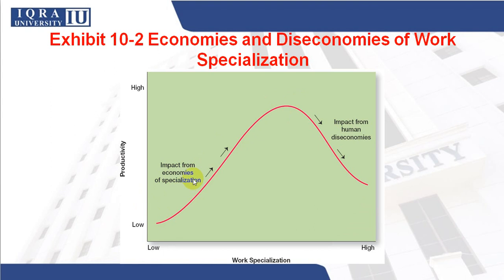They are not having any innovation, they are not making any creativity, they are just doing repeated tasks. And after a certain extent, at this level, we can see that the impact has created human diseconomy, that is fatigue, stress, anxiety has developed, and gradually we can observe that productivity is diminishing, it's declining and going downwards.